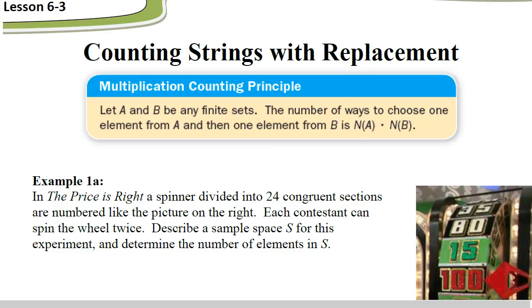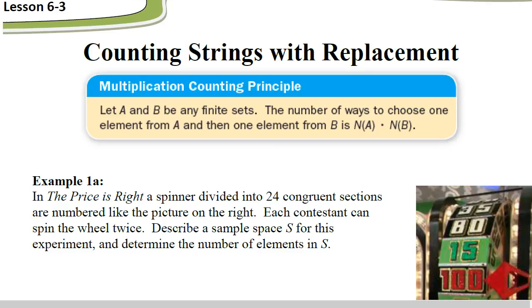So to distinguish, this is the multiplication counting principle, which says that if we want to find the number of ways to choose one element from event A, and then one more element from event B, we would multiply those two numbers of expected outcomes.